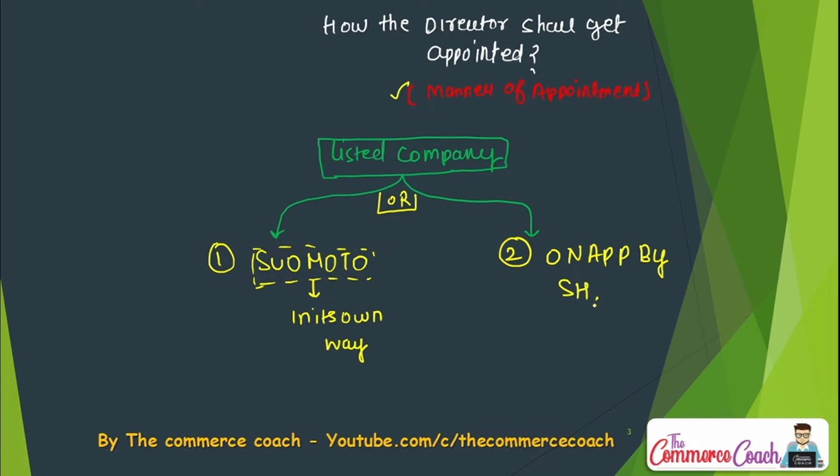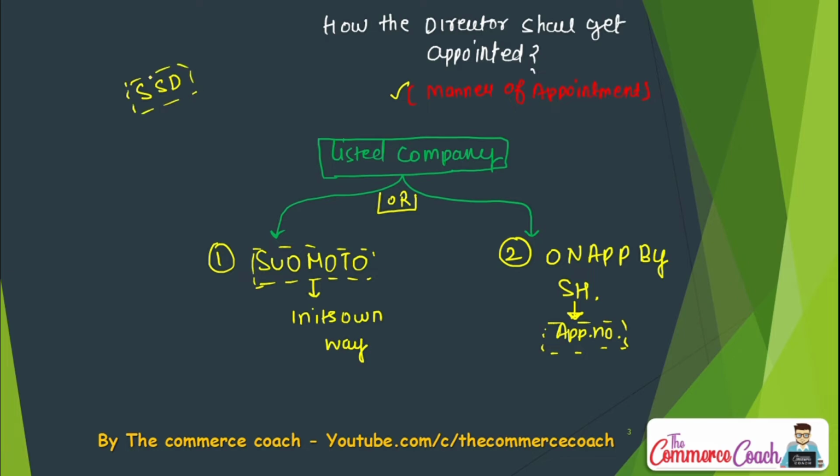For this option we must see the application number basically. On application by small shareholders means that a certain number of shareholders must apply to the company that yes, we must have a small shareholder director.